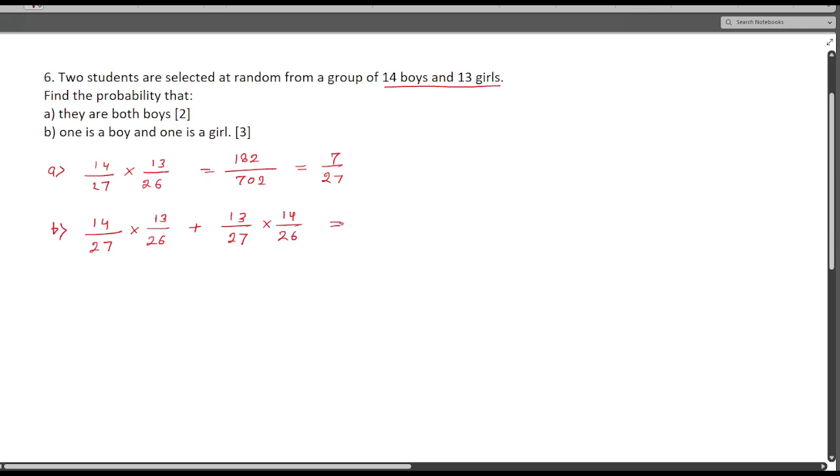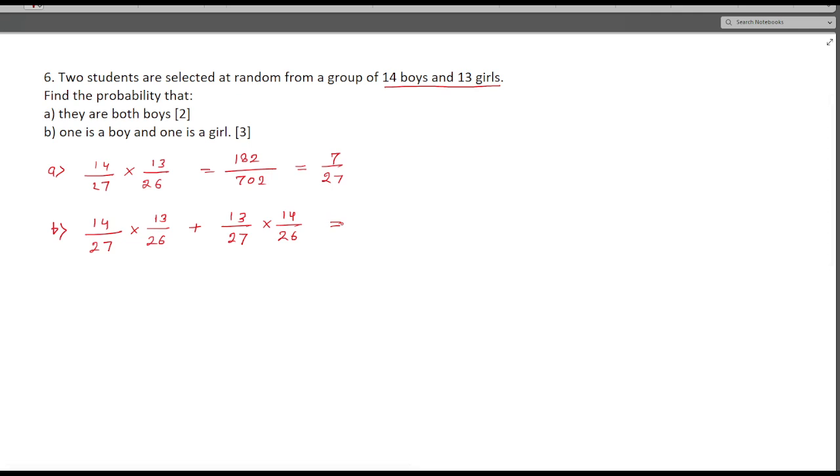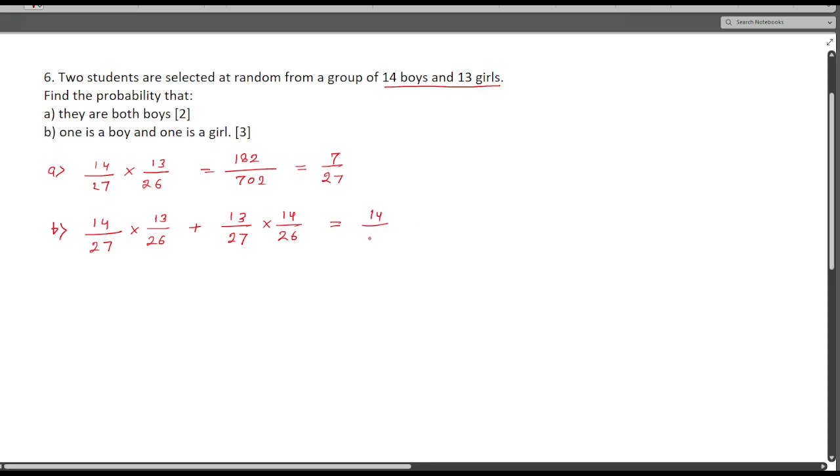So we can simply say that this is 14 divided by 27 into 13 divided by 26 multiplied by 2. Okay. So your answer is 14 divided by 27.